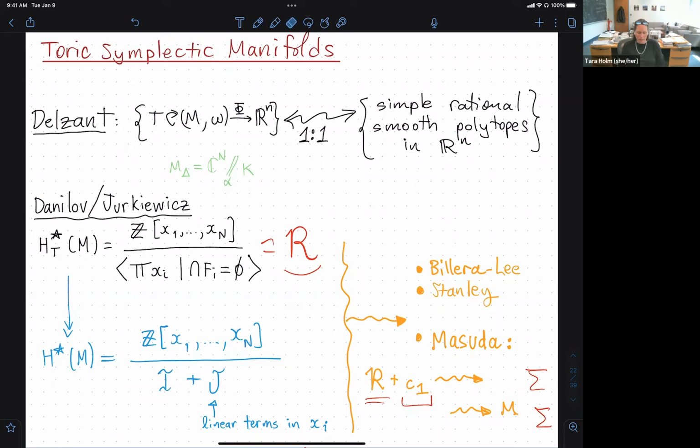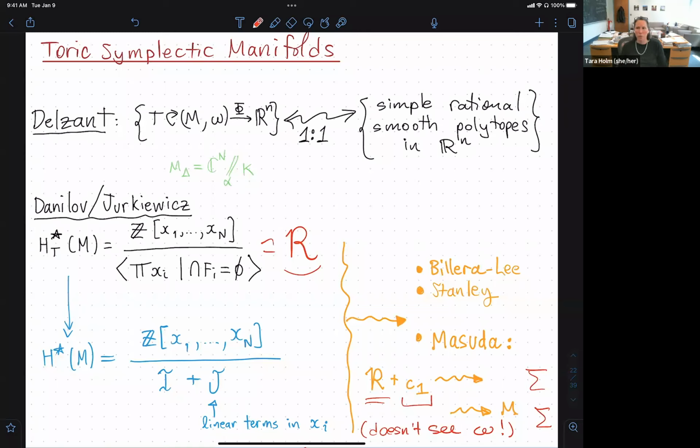Okay, so not to belabor this point, this is again not seeing the symplectic structure, which again is not surprising.